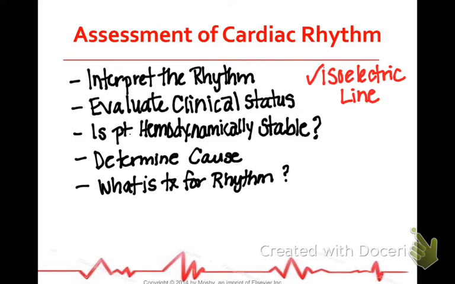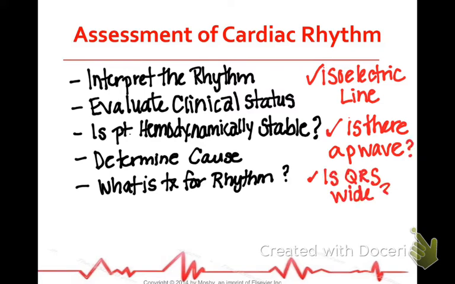You want to check the isoelectric line, and we'll talk about that when we talk about ST elevation. Does the wave come back down to the isoelectric line, or is it above the isoelectric line? Is there a P wave? And is the QRS wide or is it skinny?